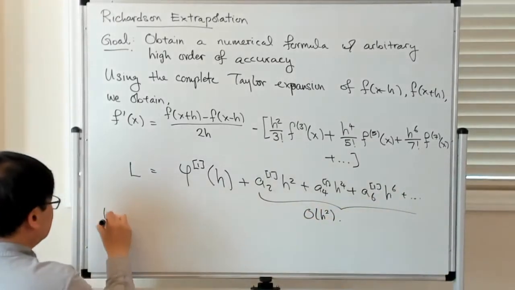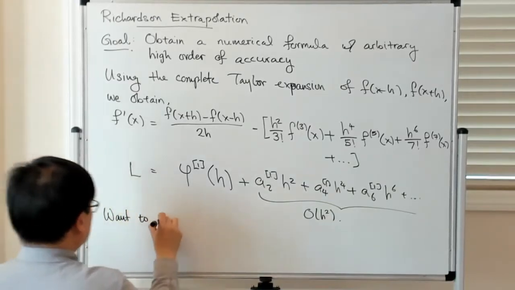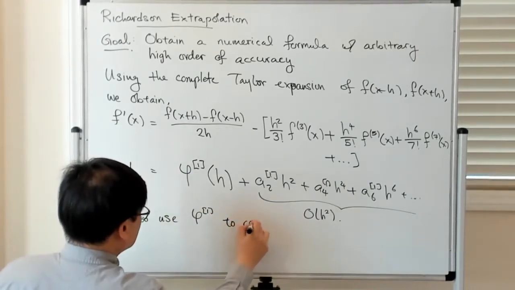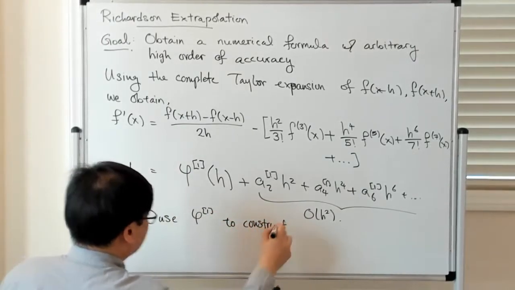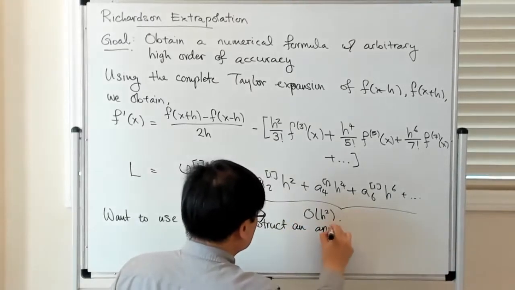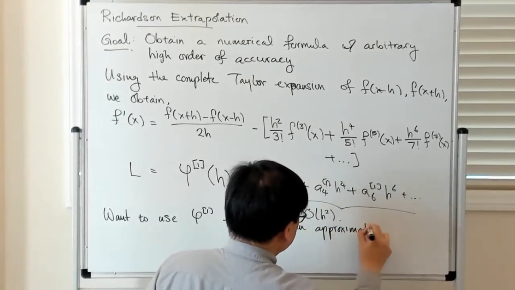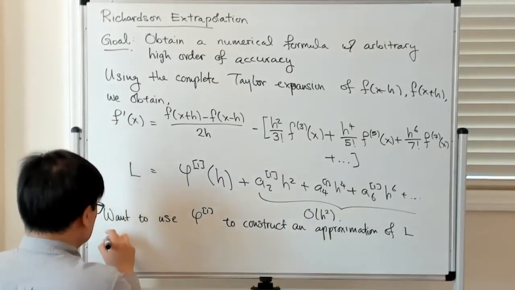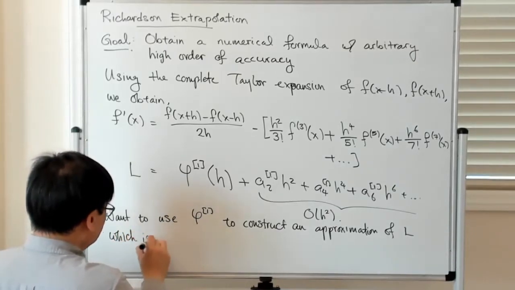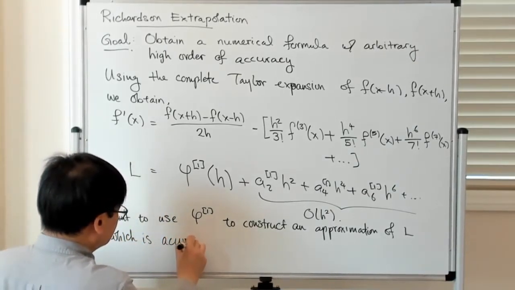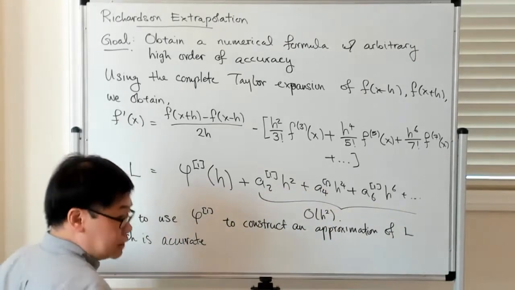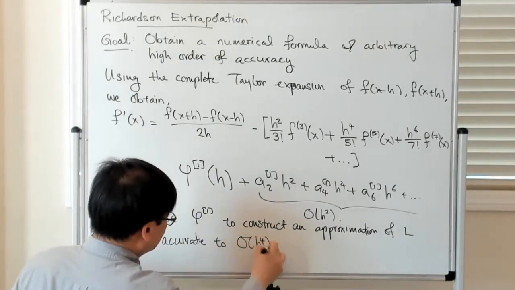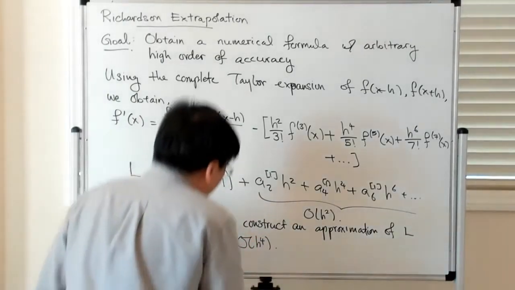I want to use this to construct an approximation of L which is more accurate. If not h squared, the next term is O of h to the 4. So let's try to get big O of h to the 4.